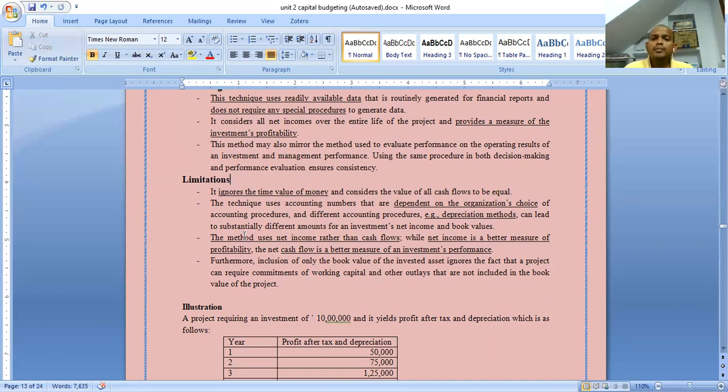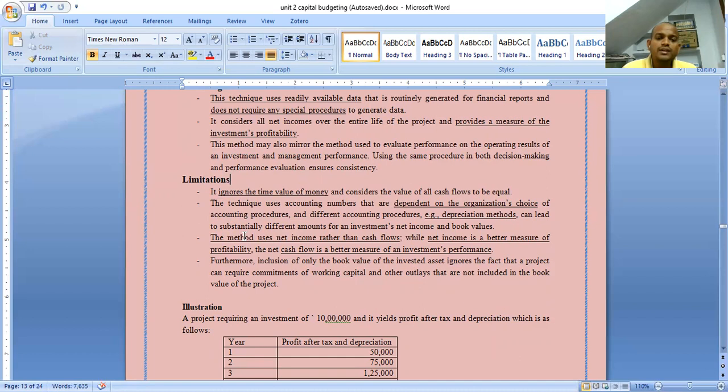The organization's choice is whether to follow the written down value method of depreciation or the straight line method of depreciation. How much depreciation they are applying depends on the accounting procedures followed by the company or management. That is why it is a limitation that it is dependent on the organization's choice.